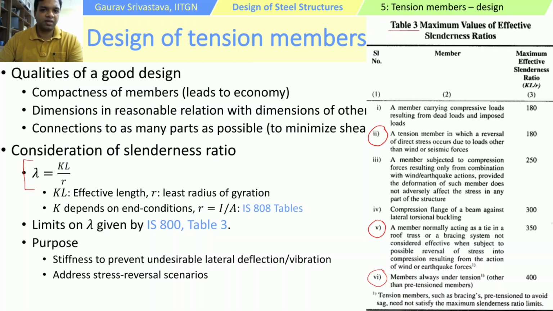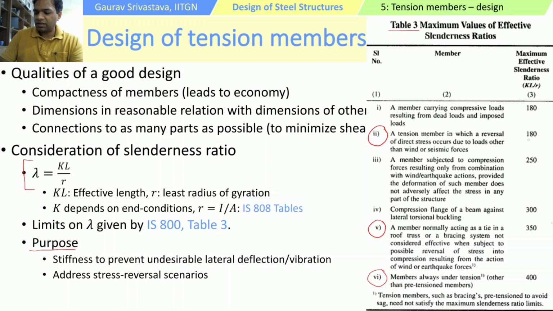Otherwise, from strength perspective, there is actually no reason for discussion on slenderness ratios. They become important only for compression members, right? So for tension members, slenderness ratios usually do not govern the mode of failure. They do not govern the mode of failure, and hence they do not govern the strength. Okay, so there are primarily two purposes which we have defined here.